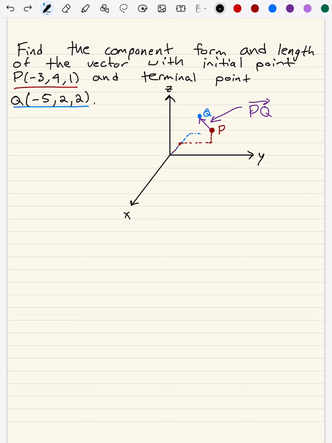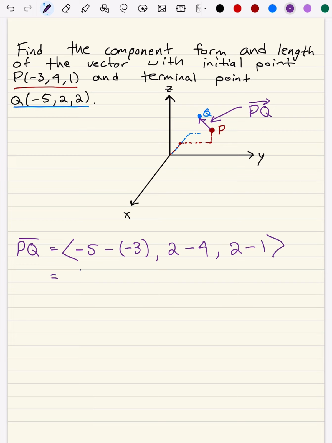So the vector PQ in component form is the final value minus initial value. And I'm getting these x values from Q and P. So those are the x values, and then the final y value minus the initial y value, and the final z value minus the initial z value.